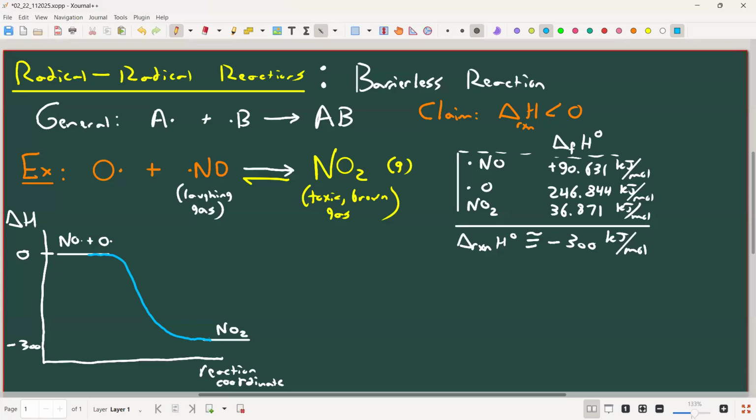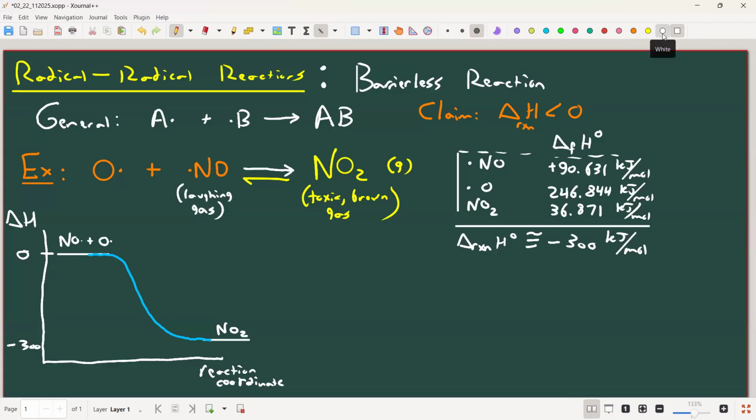Okay, so let's think a little bit about the kinetics of this process. Let's apply the Lindemann-Hinshelwood mechanism, which is that there's an intermediate that forms from a collision. That the N and the O come together to form a collision complex where they're very close together, right?